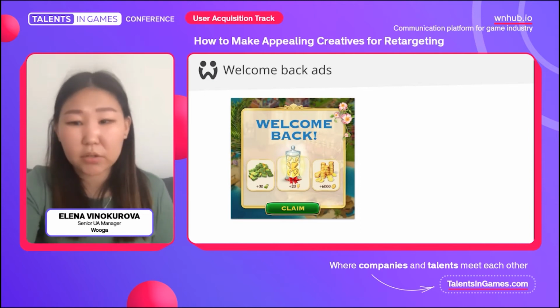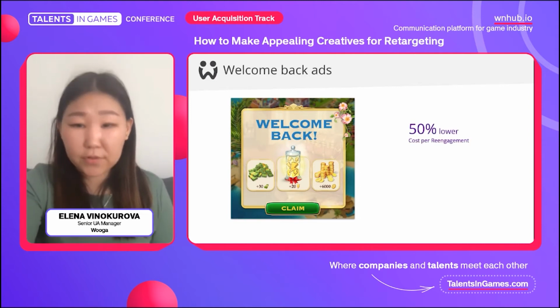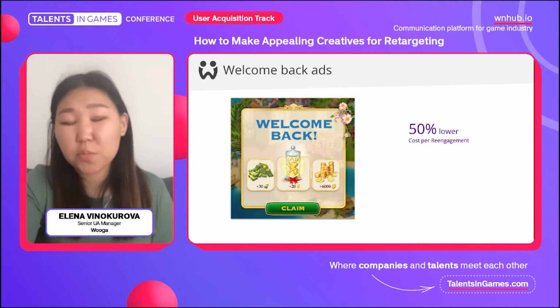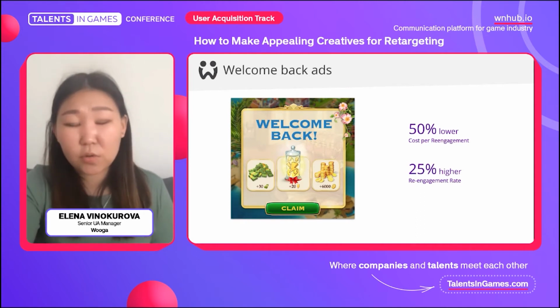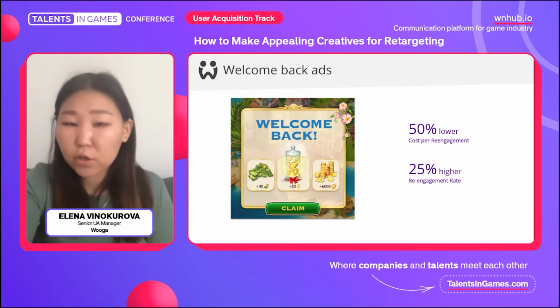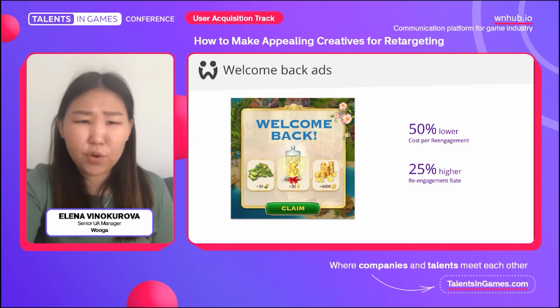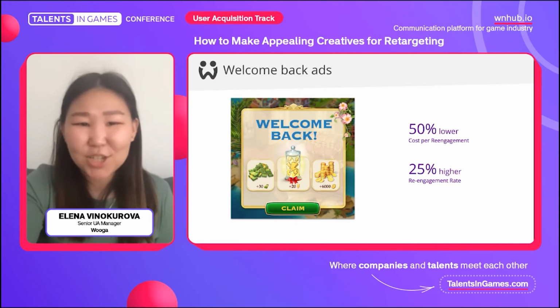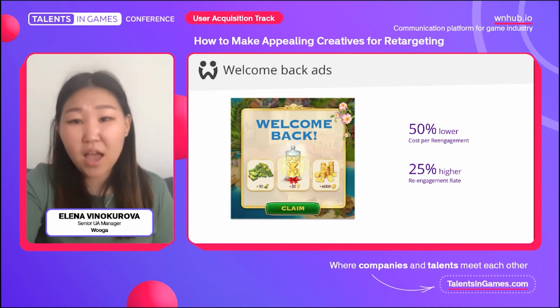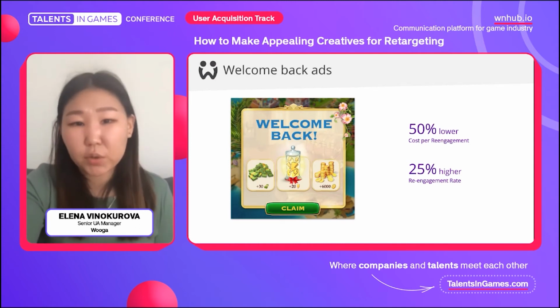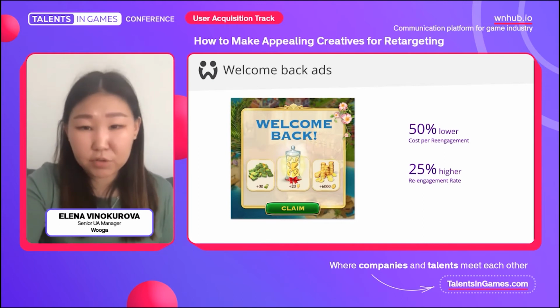For this particular concept, we saw 50% lower cost per re-engagement and 25% higher re-engagement rate. So this concept drives a lot of users. And if you ask me about monetization of those users, we see that the monetization metrics are in line with any other concepts we are running. So this was a really good finding for us to use in future creative strategy.